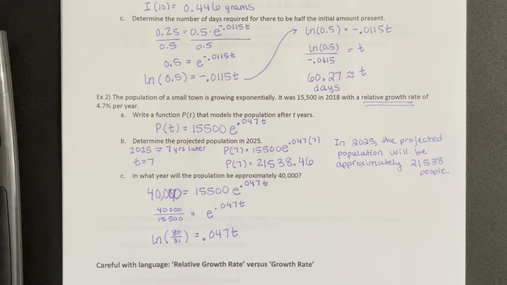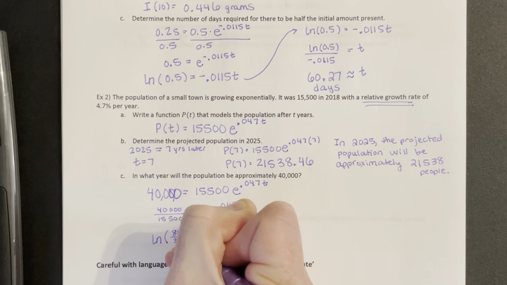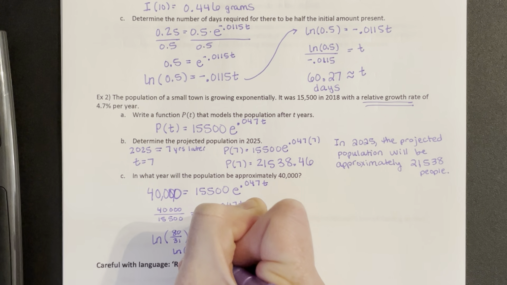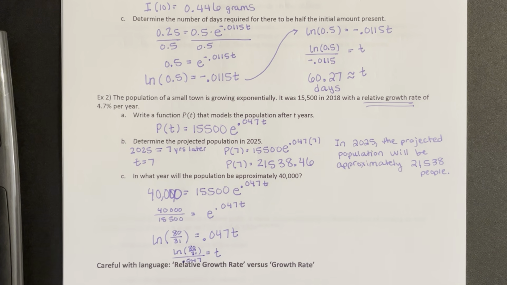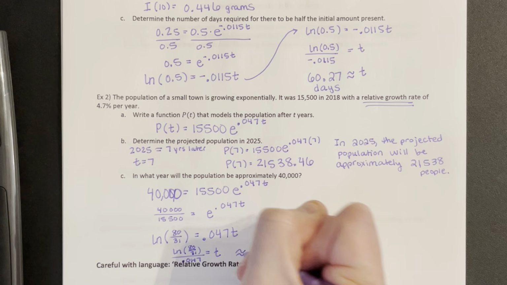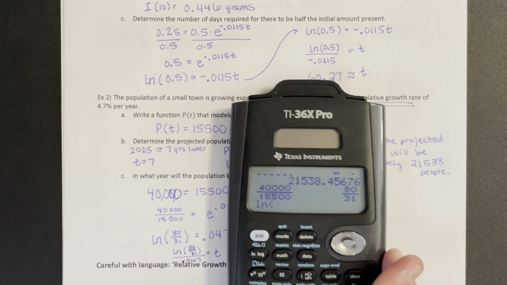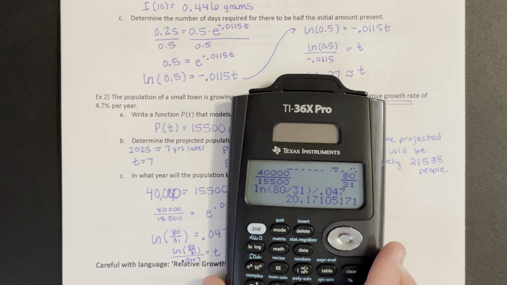We divide by 0.047, so t in my calculator would say natural log of 80 over 31 divided by 0.047. That's approximately 20.17.